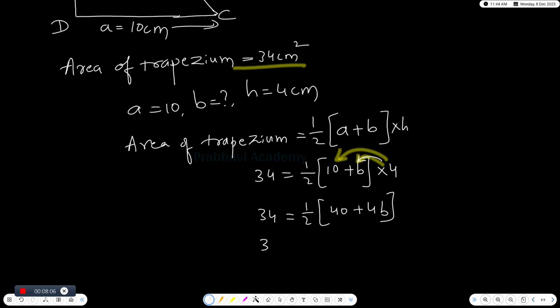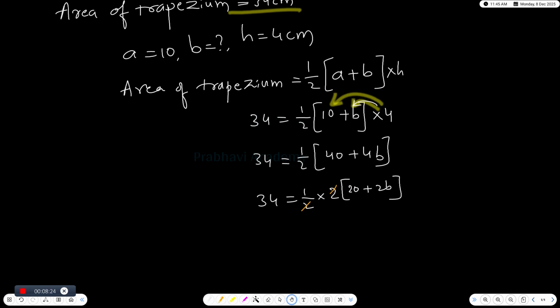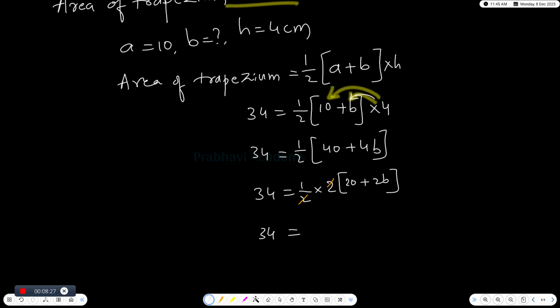Now 34 is equal to 1 by 2. I will take 2 common to cancel with the 2. 2 twenties are 40 plus 2 twos are 4. Here I will cancel the 2 with 2 and I got 34 is equal to 20 plus 2b, and I will transpose this 20 to the other side. For transposition you can refer to my YouTube channel. I have made a video named Maths Made Easy. You can go through that.